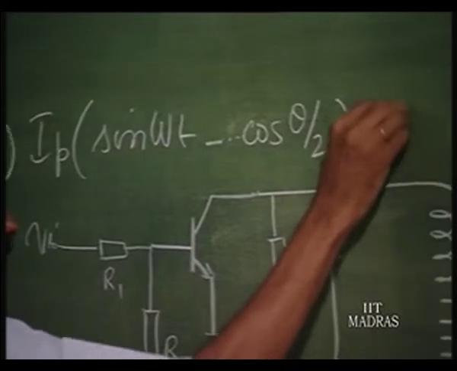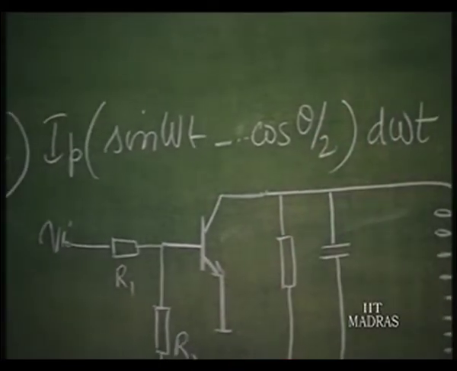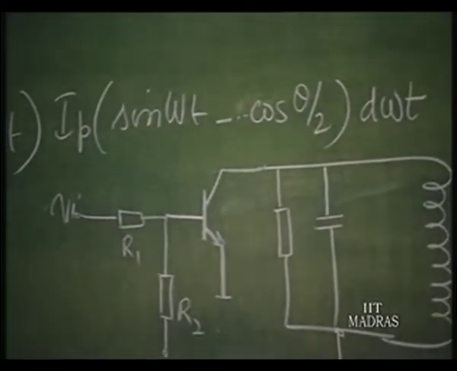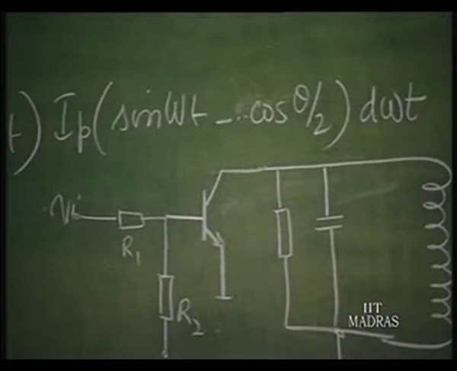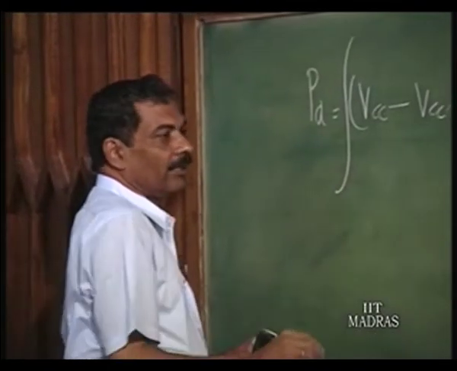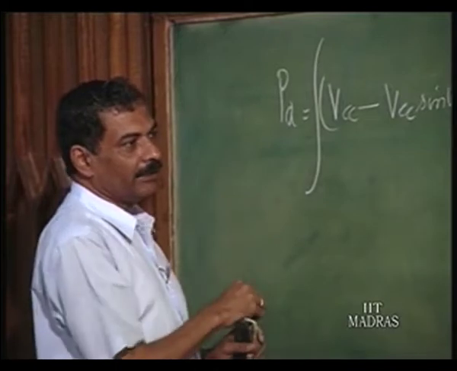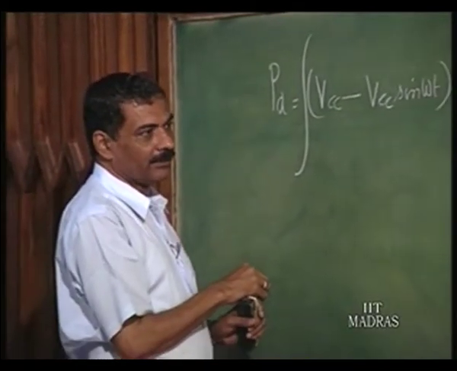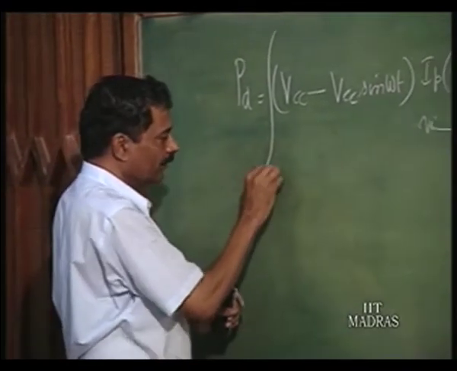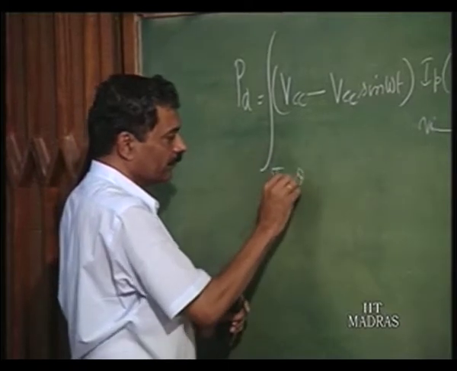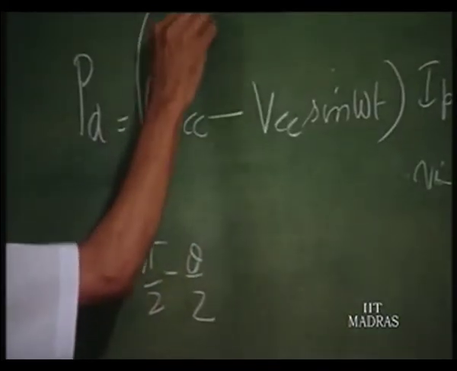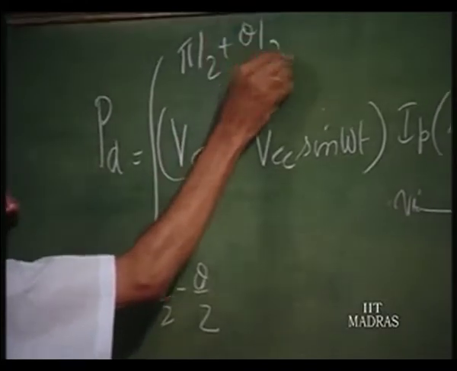This into d omega t is the energy dissipated in the transistor during the time period pi by 2 to pi by 2 plus theta by 2.